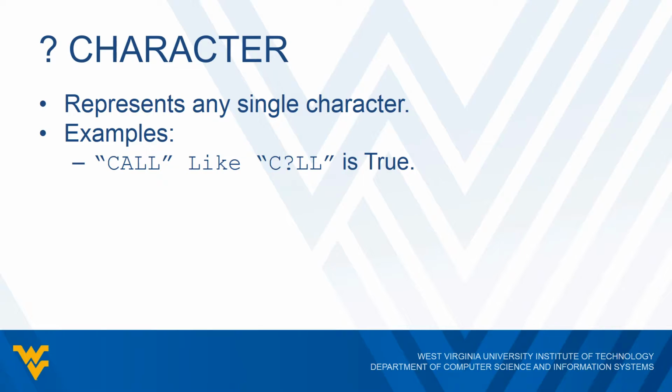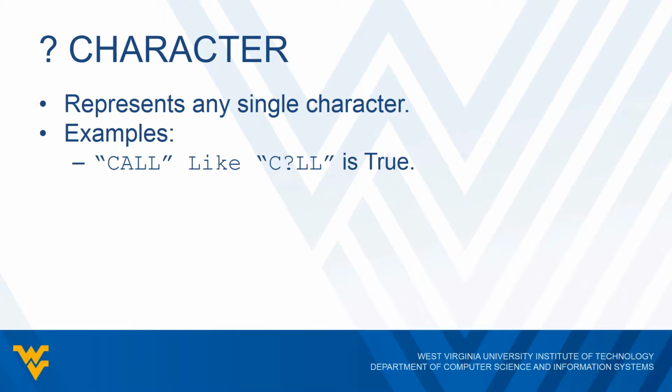So let's say we have the string CALL and we're trying to see if it's like the pattern C?LL, where C and L are capitalized. This is true. Remember, the way the like operator works is we're checking to see if our string matches our pattern. Our pattern in this case is that the first character must be a capital C, the second character can be any character, and the last two characters have to be capital L's. So we check, does CALL, all capital letters, match this?